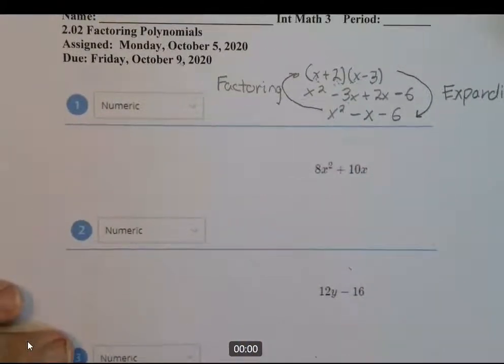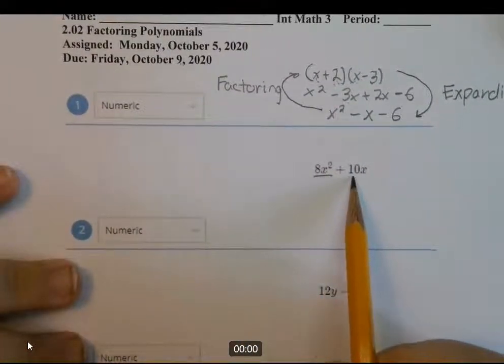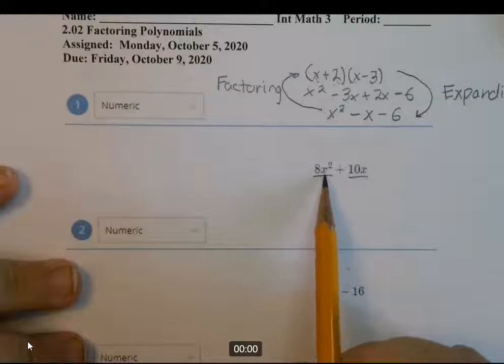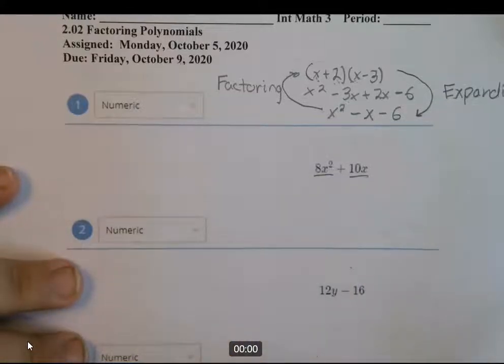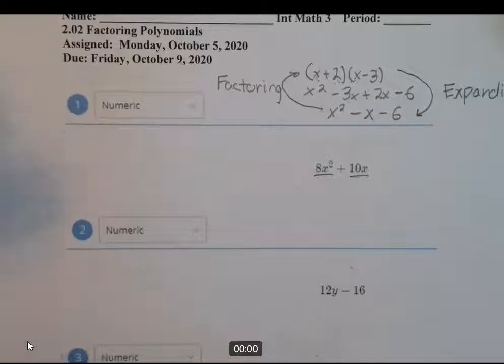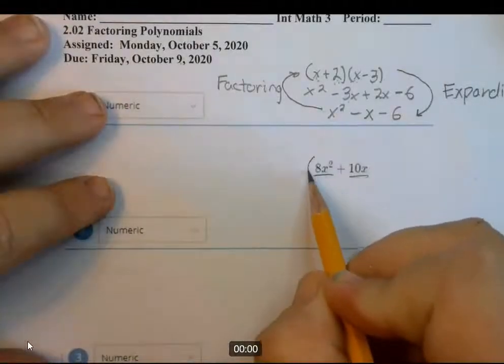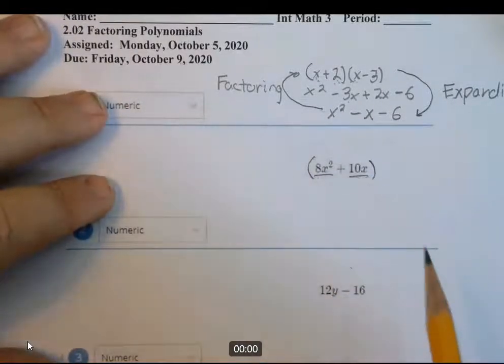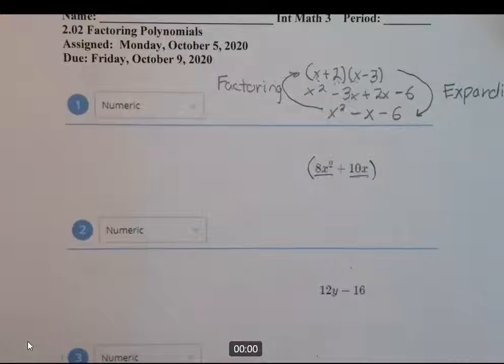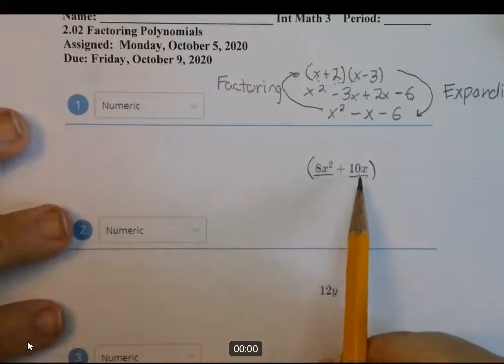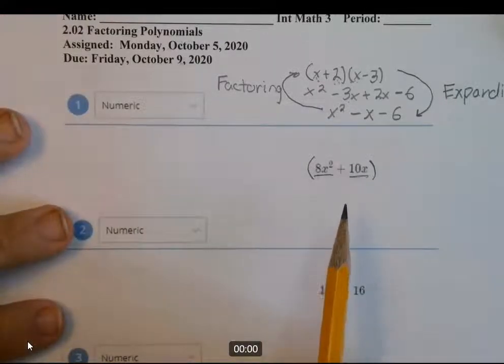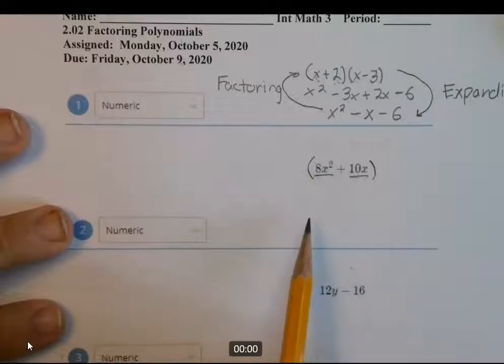Okay, so to do that, these are called terms: coefficient, variable, exponent. You have to find what these two terms have in common, and then you can pull it outside. So I'm going to start off by putting this in a parenthesis. Now, to factor regular numbers, you have to find the largest number that goes into both 8 and 10.